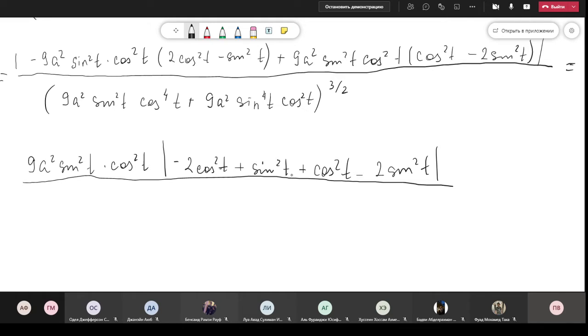Look, in our bracket, we can see in both terms of our sum 9a squared, sine squared, and cosine squared exist here and here.